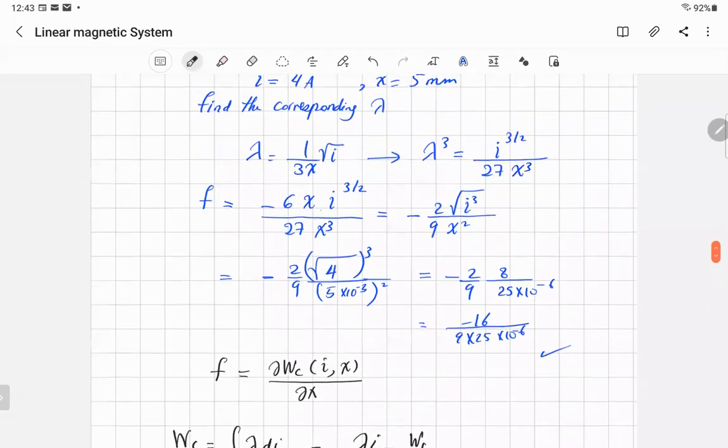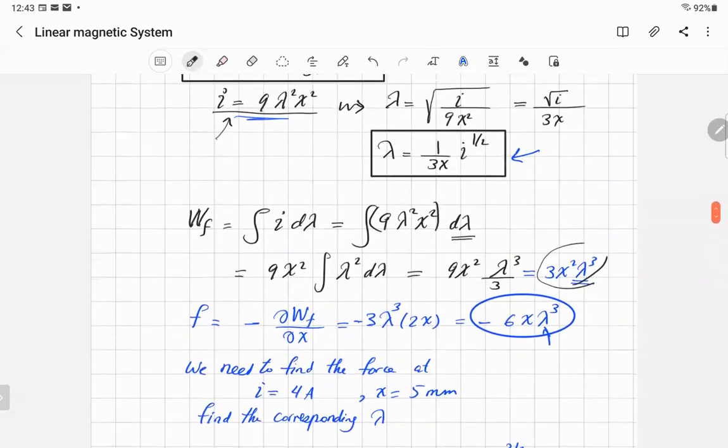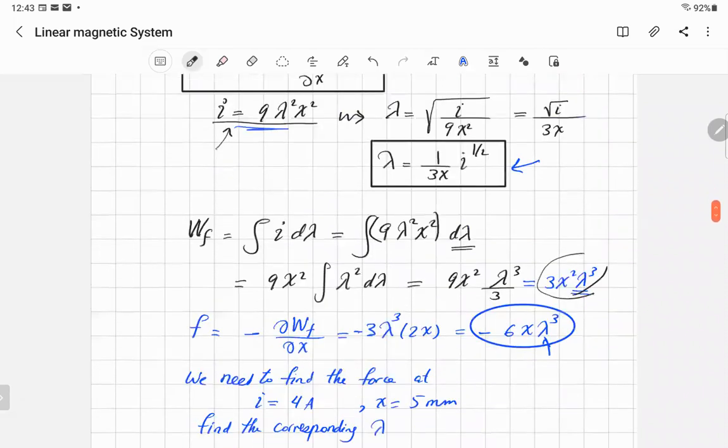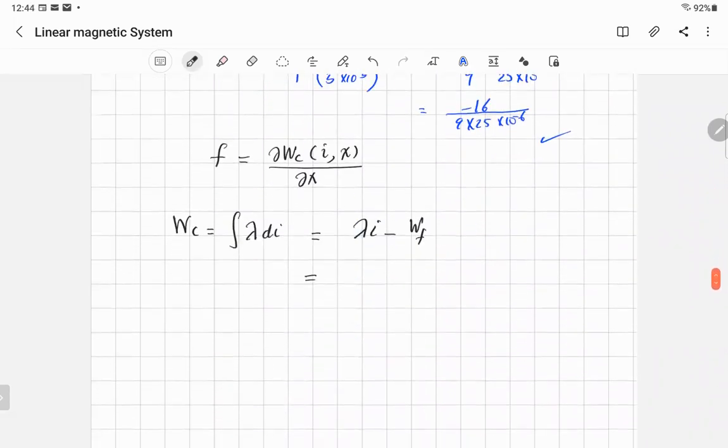Lambda times I. Let me go back. That's I, which is 9 lambda squared x squared. So lambda I is equal to 9x squared lambda squared, minus WF.